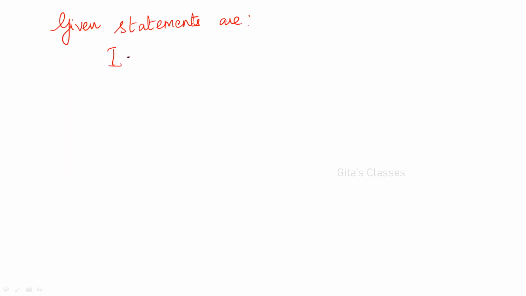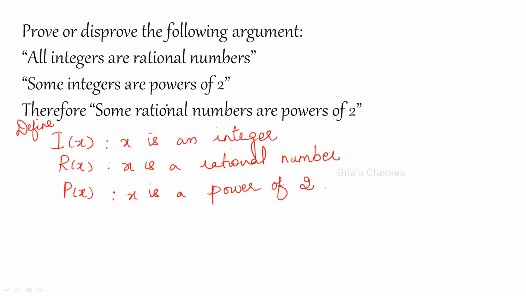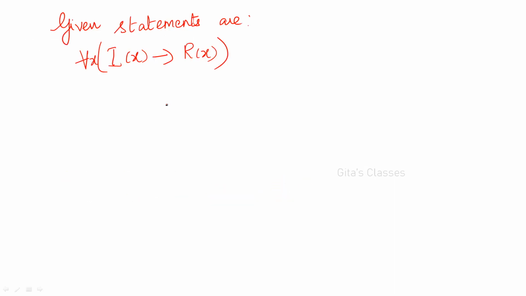So, as we have seen in the first two examples, for all x, I(x) conditional R(x). All integers are rational numbers. Next is some integers are powers of 2. So there exists x, I(x) and P(x), where P(x) is defined as x is a power of 2.